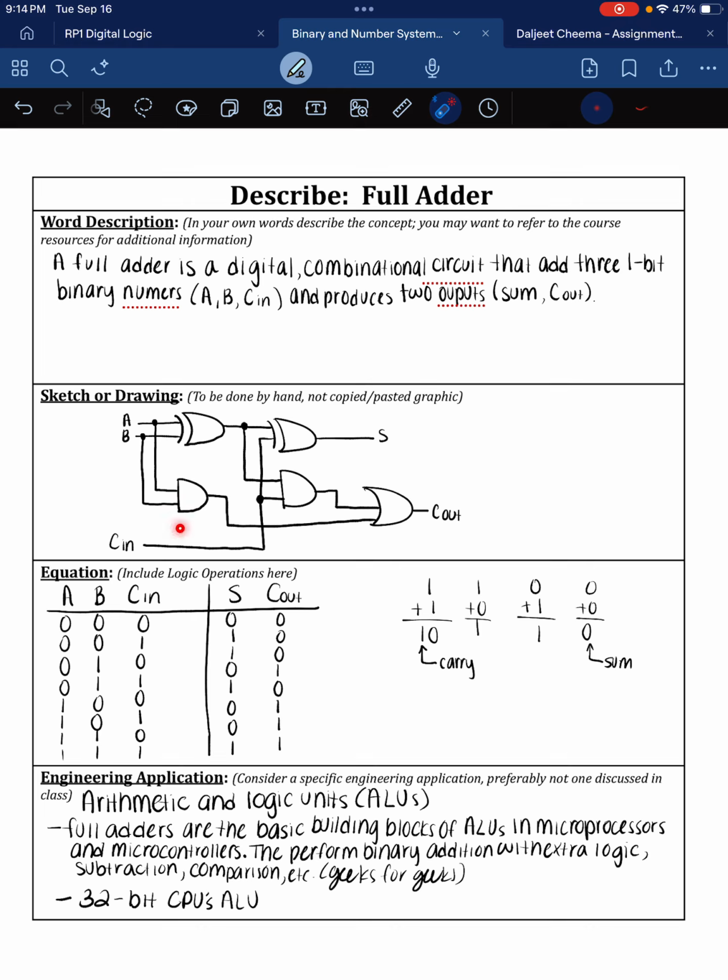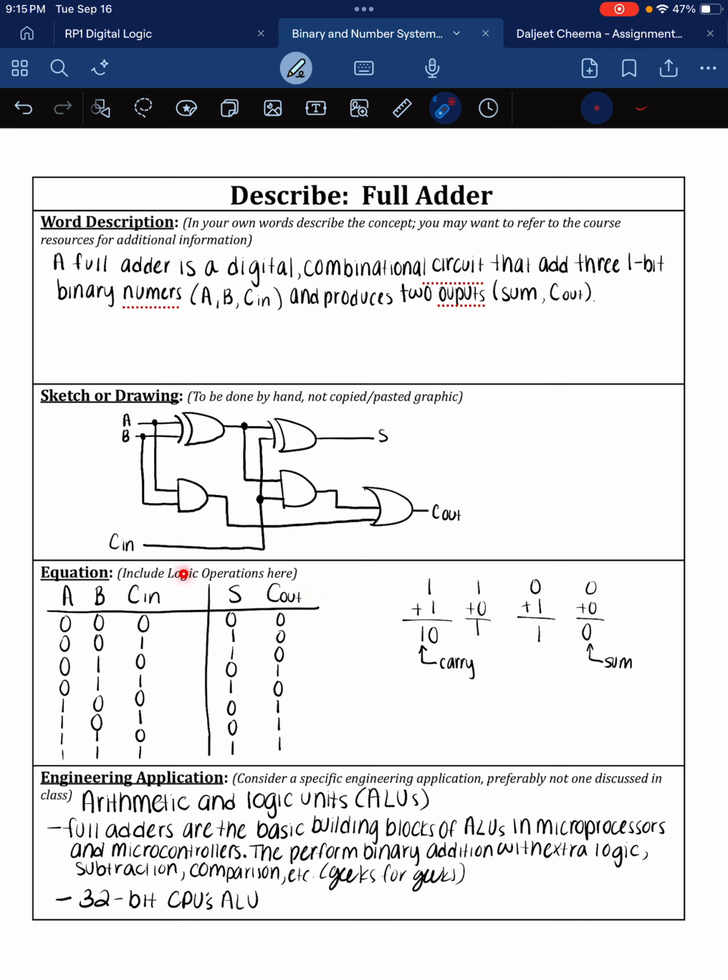The first AND gate uses A and B, and the second takes extended OR of A and B with CN, and then you combine those and feed what you get into the carry out gate, which summarizes those outputs.